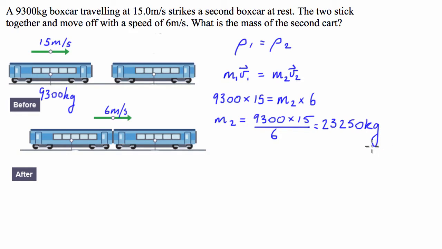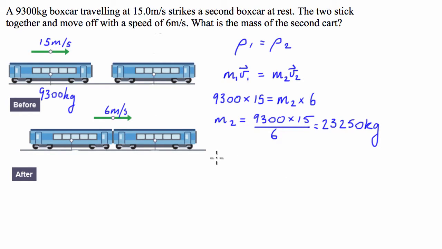Cool. So after we've done that, that mass there includes both the first carriage and the second carriage, or the first boxcar and the second boxcar. So basically we have to figure out what the second boxcar is.